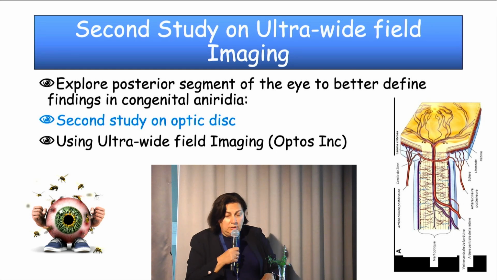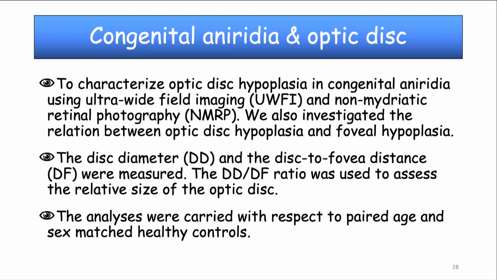And so we used ultra-wide field imaging to characterize optic disc hypoplasia, and also non-mydriatic retinal photography. We compared the disc diameter and the disc to fovea distance, which were measured to get the relative size of the optic disc.